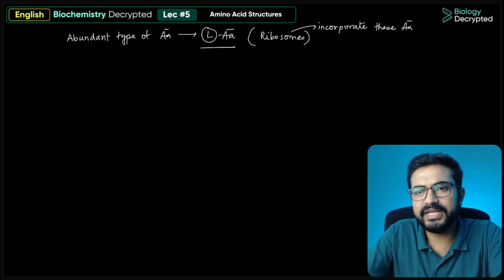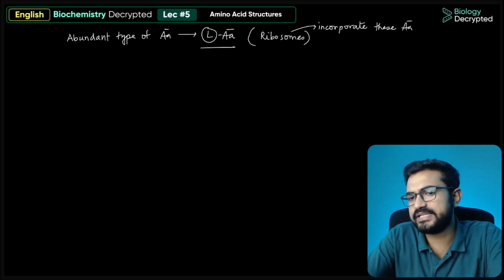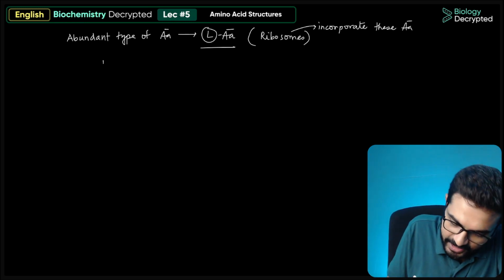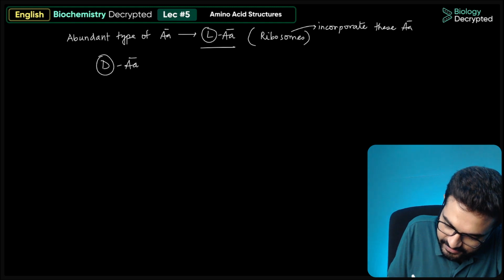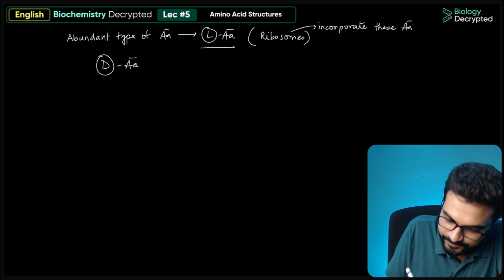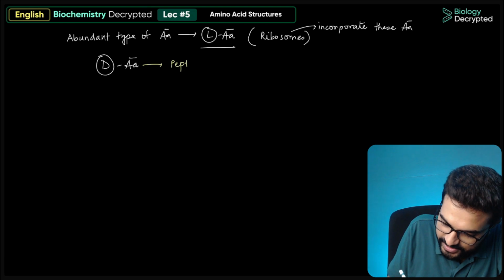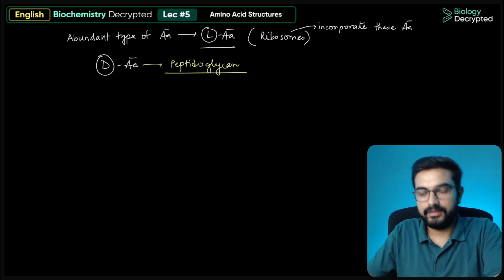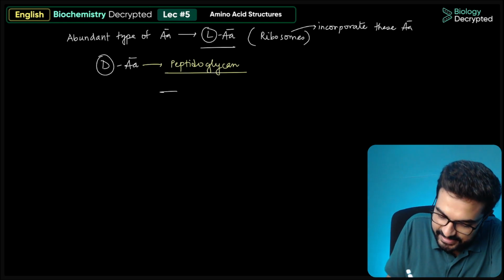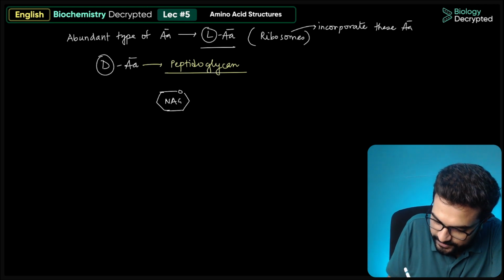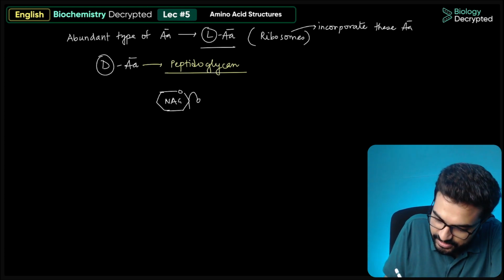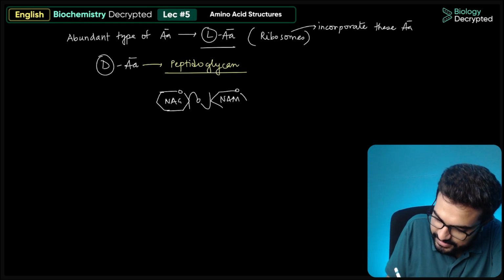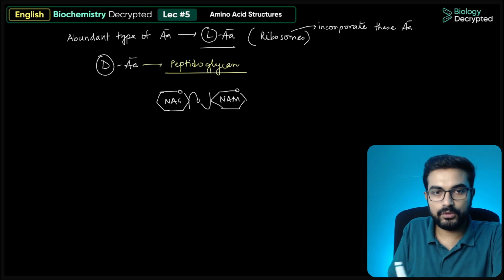Now, what about D amino acids? There are D amino acids in nature as well. D amino acids are found in peptidoglycan. And if you talk about peptidoglycan, there is this glycan part, there is N-acetyl glucosamine, then there is this glycosidic linkage, then there is N-acetyl muramic acid, and this is how these are bonded.